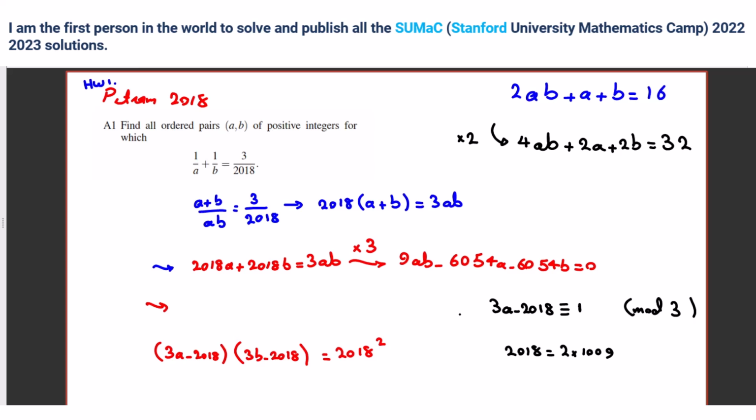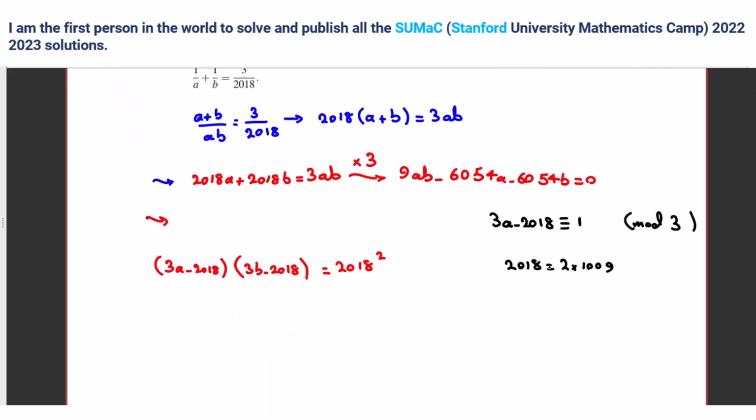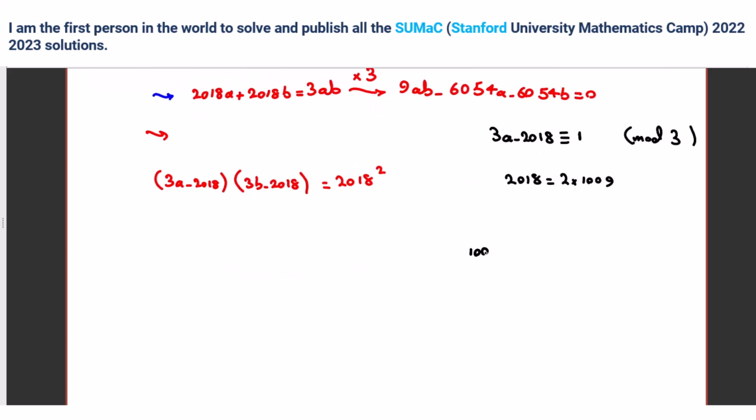No. Look, this is for Putnam 2018. So before the exam, you should know the prime factorization of the year. For example, this year 2024, next year 2025. Students know this. But in general, if you want to check whether a number is prime, for example 1009, you should consider the square root of this.